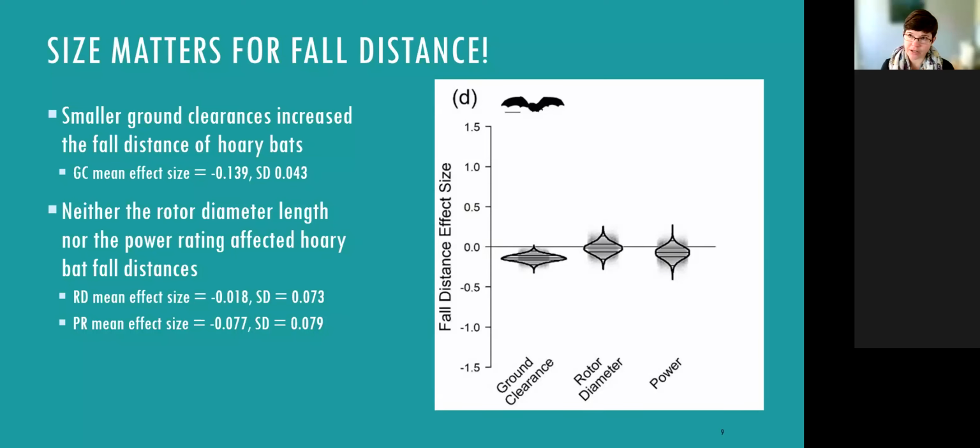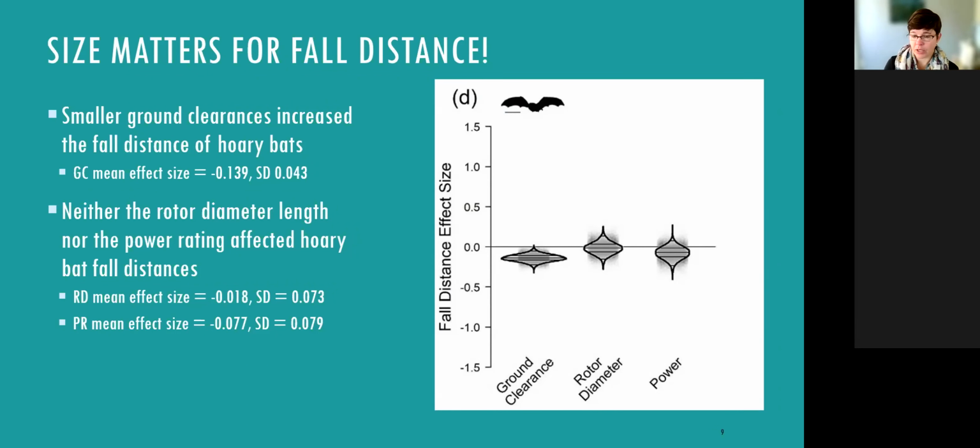I think the interaction with how bats actually fly around a turbine and the ballistics of when they're hit is just not really well understood. But this is important to take into consideration when you're performing mortality monitoring for bats, to make sure that we're capturing that well.